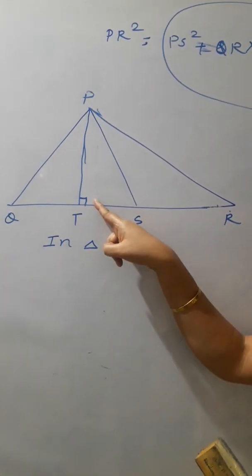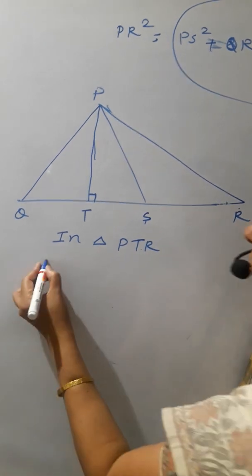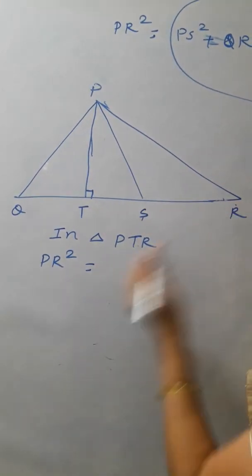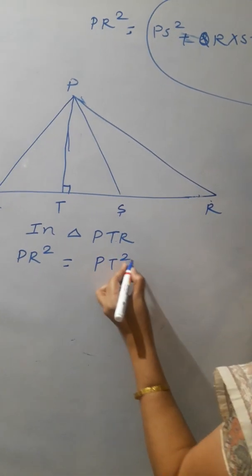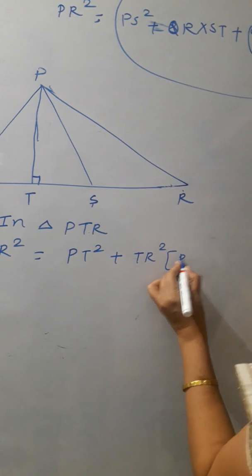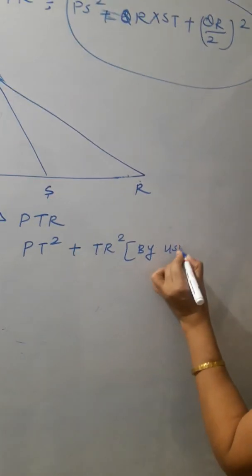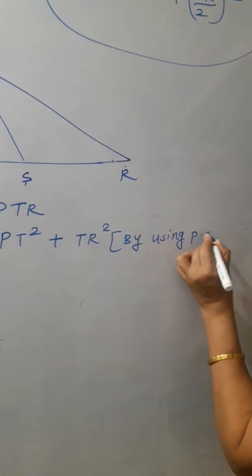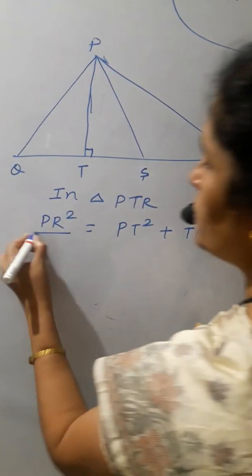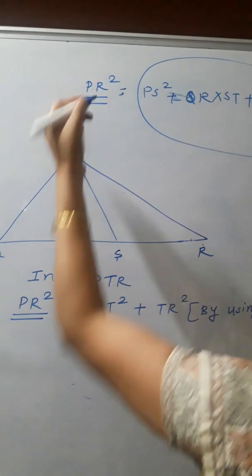Here T is right angle. So I will use Pythagoras. PR square, this is hypotenuse, is equal to PT square plus TR square by using Pythagoras theorem. Okay. Now what happened here? LHS is proved. LHS is PR square.